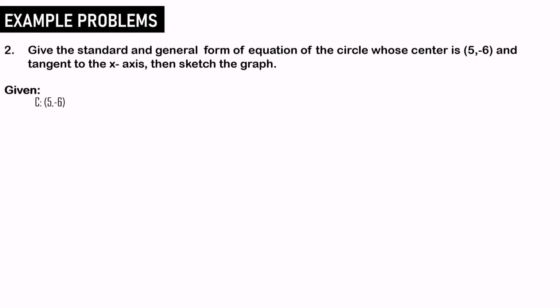And then, unsa pay laing given? Given ta na ang atong circle tangent daw siya sa x-axis. Okay. So, ang atong h from the center, ang atong h kay 5 ug atong k kay negative 6.